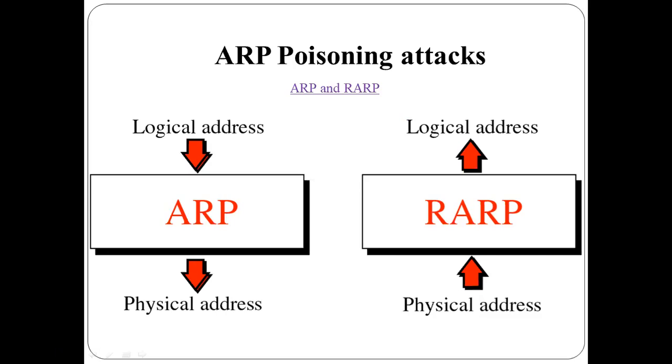But no, the logical address does not vanish, it remains, but yes, with its help we can collect the physical address. So somehow it is okay, but personally I do not feel this is exact, though you can say that ARP is used for getting the MAC address, that's it. And the similar thing we can apply for RARP also.